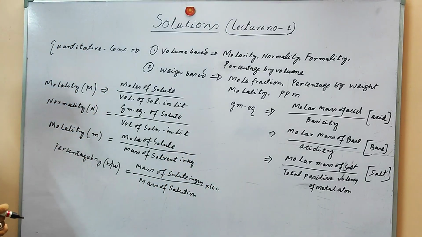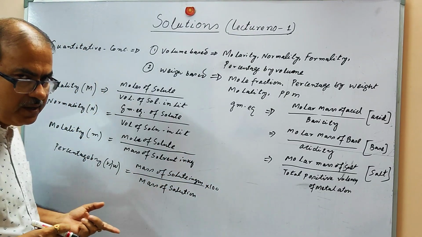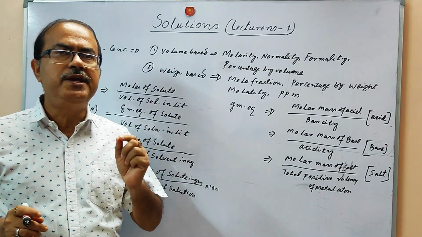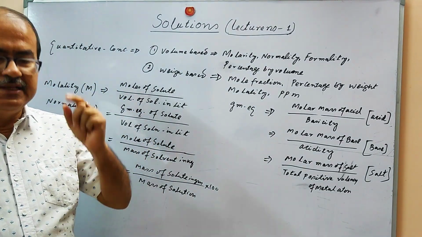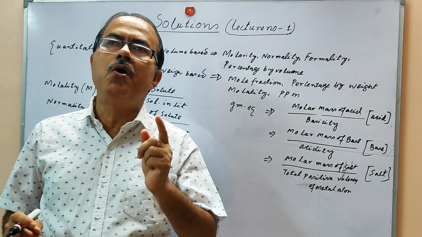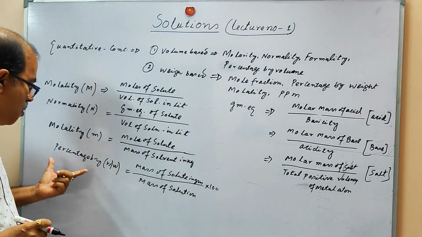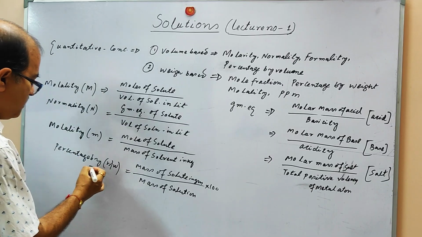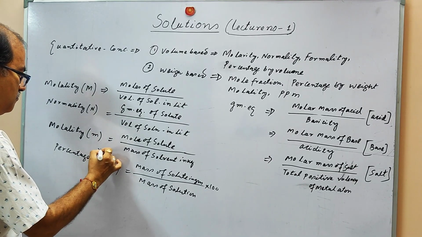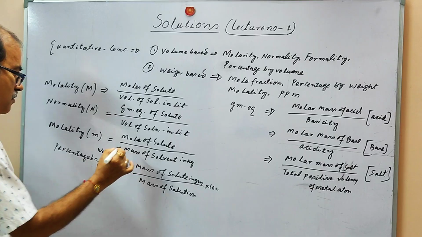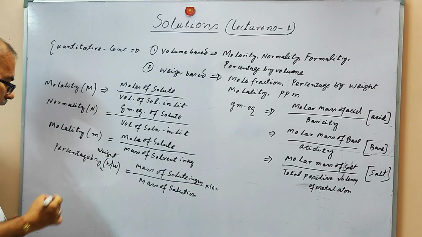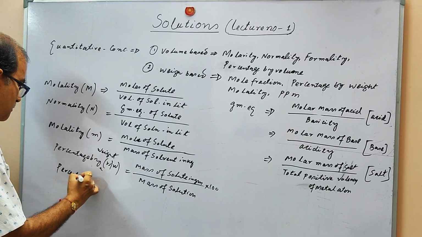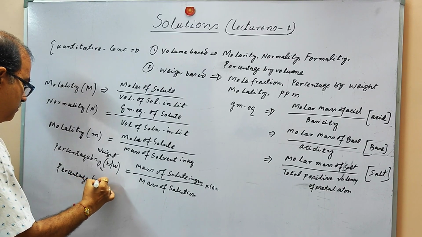This means the amount of solute in gram present in 100 gram of the solution is called the percentage by weight. This is percentage by weight. And another term is percentage by volume.